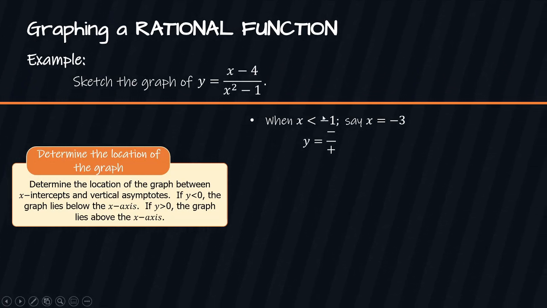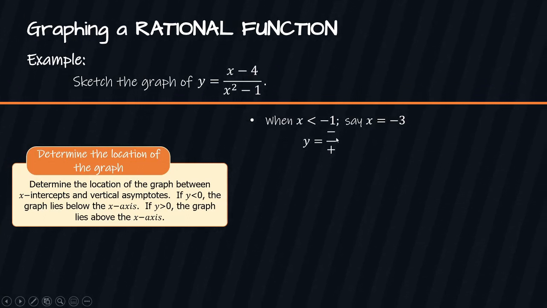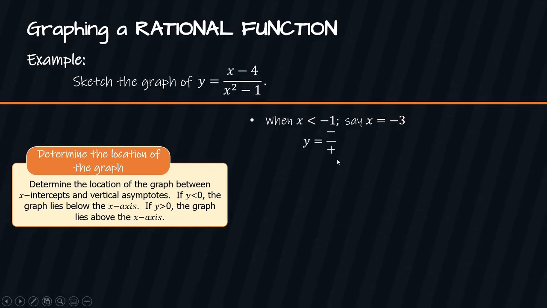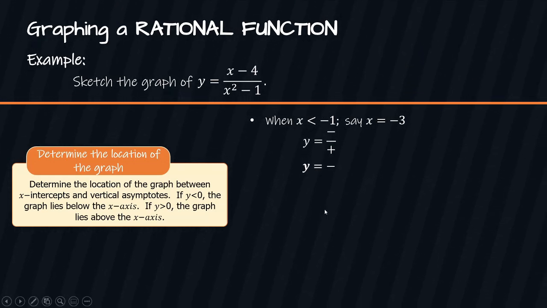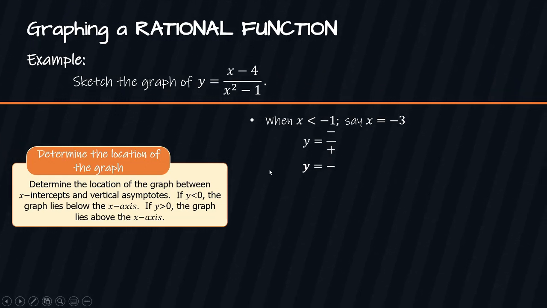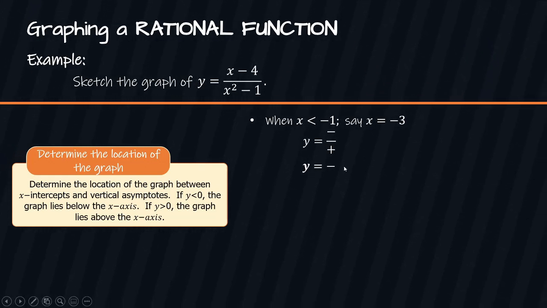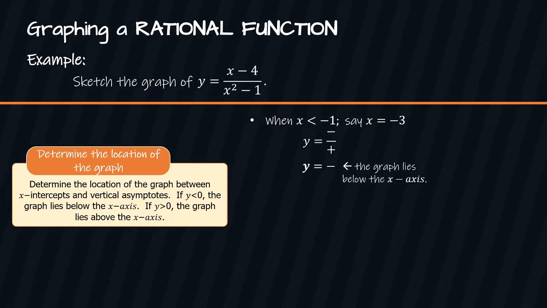For the denominator, negative 3 squared minus 1 is a positive value. So negative over positive results in a negative value. So y is negative. Since y is less than 0, the graph lies below the x-axis.